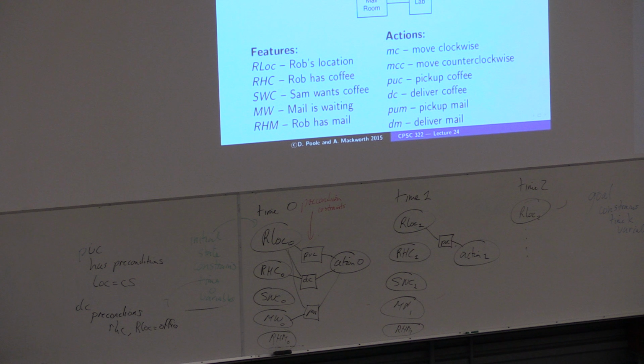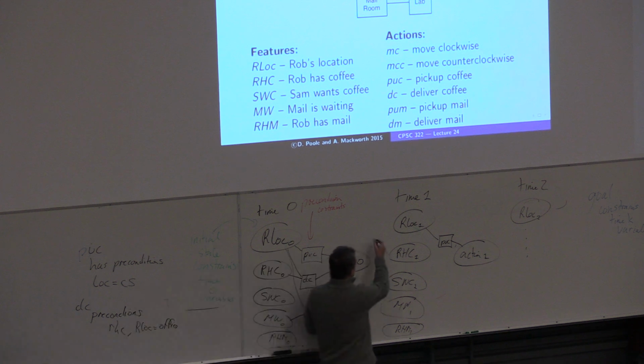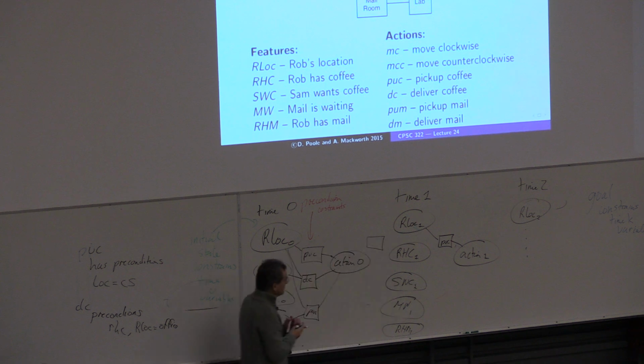Okay. Then there are effect constraints between the state variable at time t and the action variable at time t and the state variable at time t plus 1. So let's think about one of these things. Let's think about the variable robot has coffee at time 1. It is constrained by what? Where do you have robot has coffee? What does that depend on?